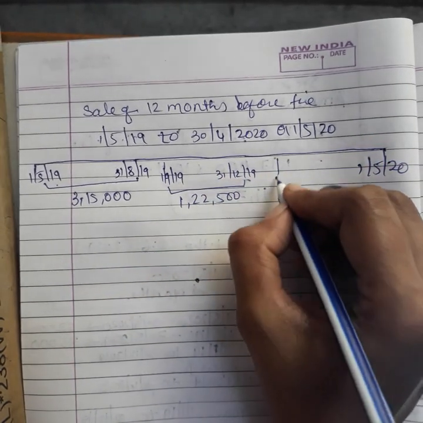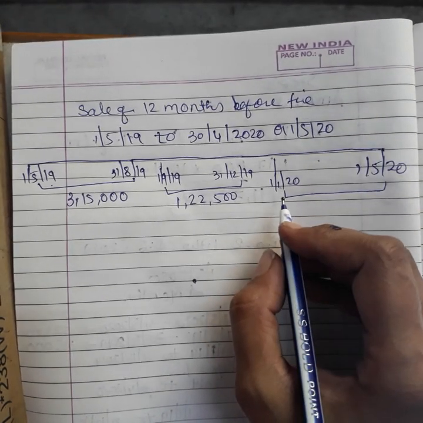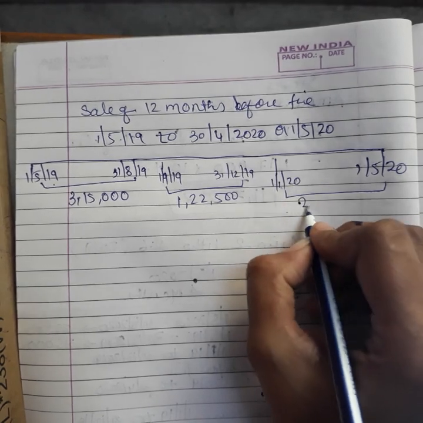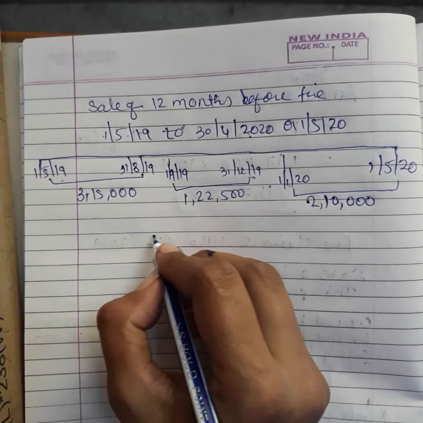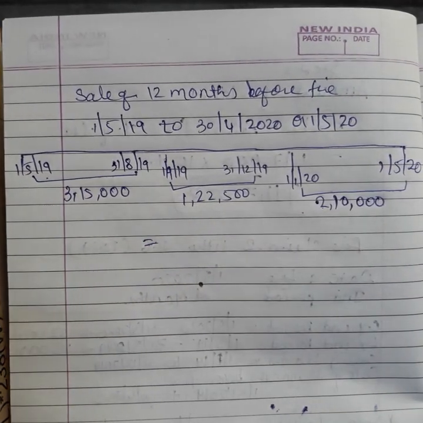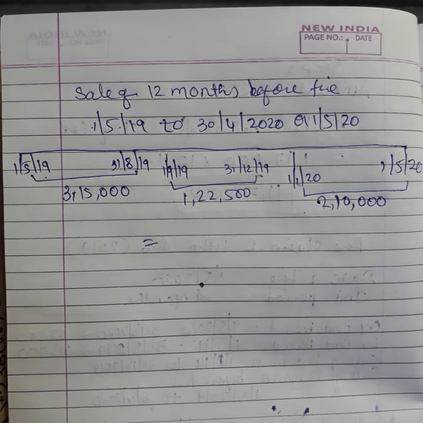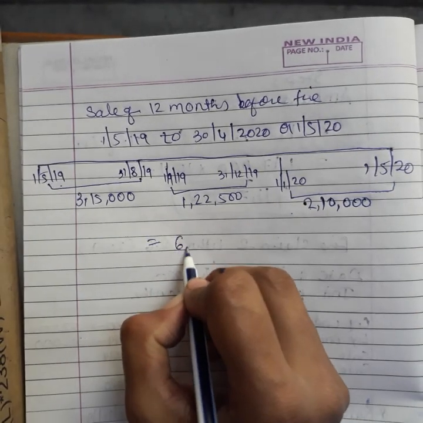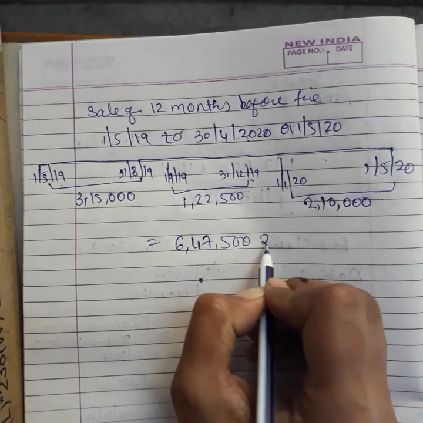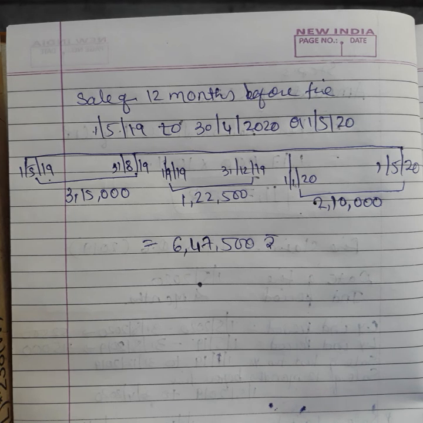And from 1/1/20 to 1/5/20 we also have the sales, which is again 2,10,000. So by adding the 3 of them, we get our sales of 12 months before fire, 3,15,000 plus 1,22,500 plus 2,10,000. So that is 6,47,500 rupees.